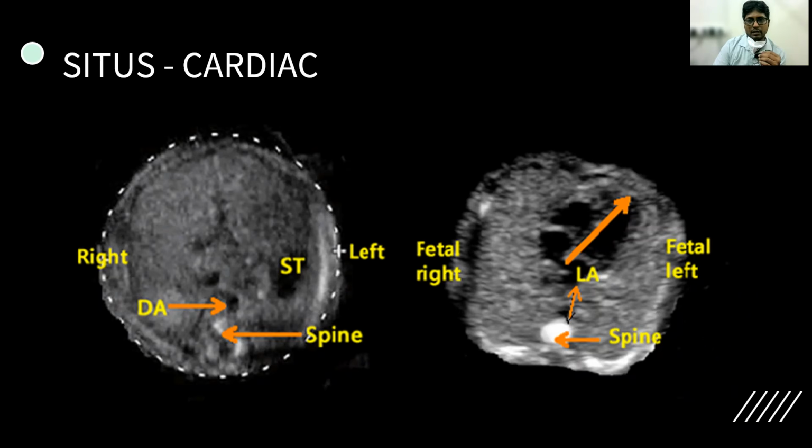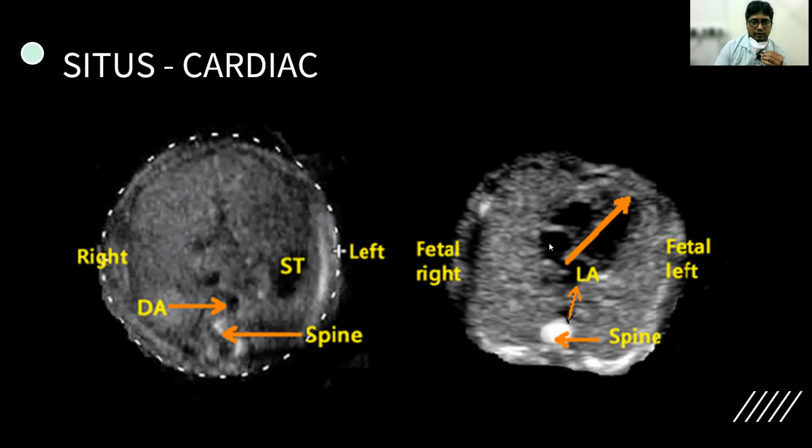And here you can see that the apex of the cardia should be in the same direction, or it should be pointing towards the side of the fetus where the stomach lies. So this is a cut which is taken somewhat caudally through the level of the stomach. So the stomach is on this side of the vertebra. And here you can see that the heart is also facing the same side.